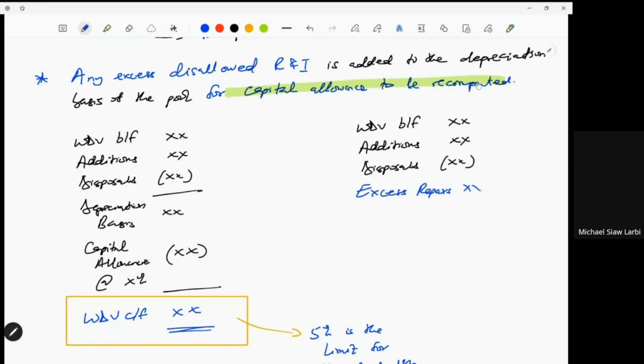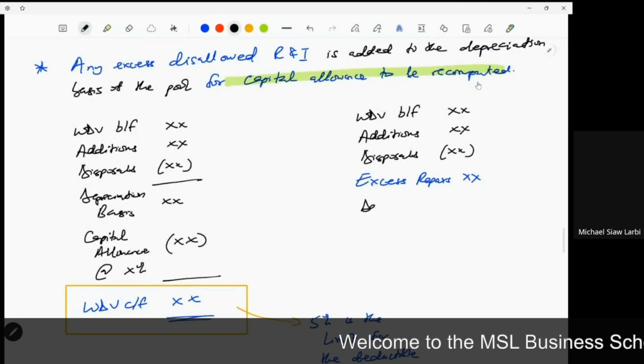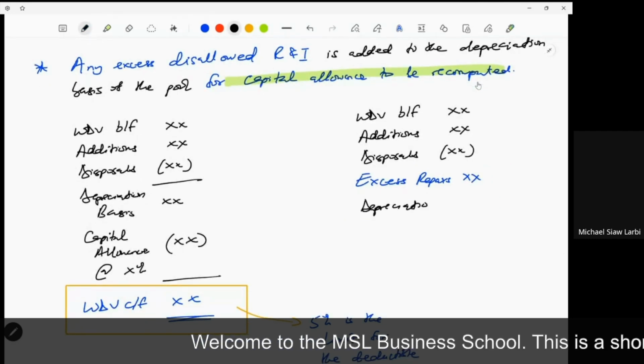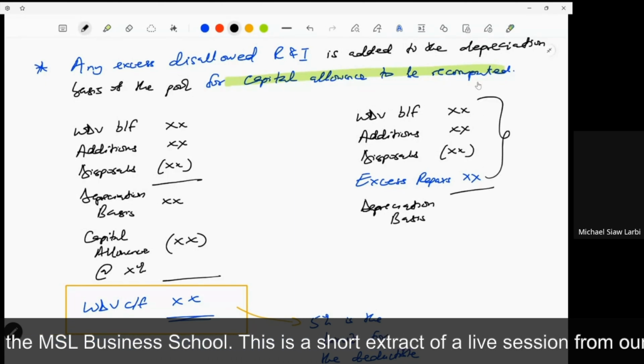You add it here. All the figures here will be the same. Bring them forward, and you now bring the excess. In this case, it's the 4,000 that I just mentioned. I bring it here, and I recalculate capital allowance for the year. So I bring in my excess repairs, I get my depreciation basis, which is the net of all of these here.